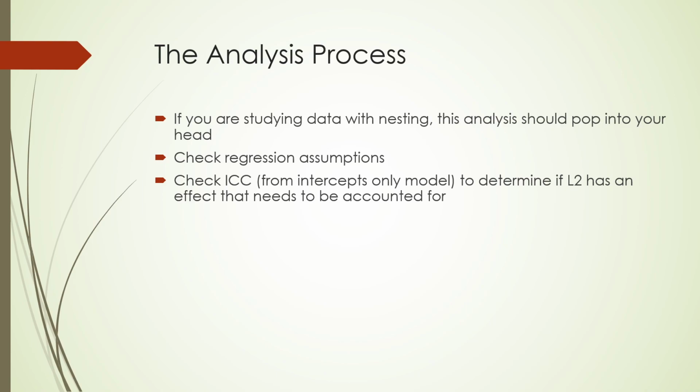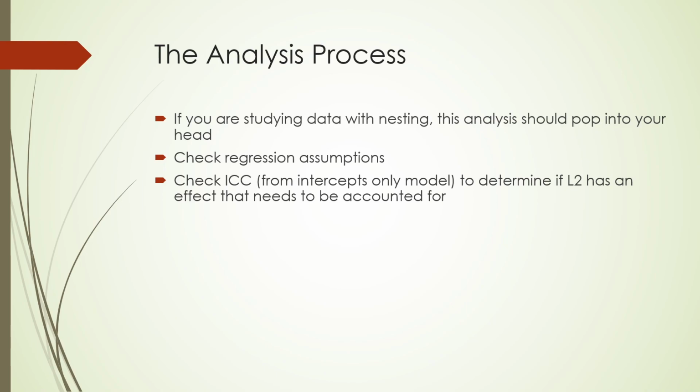I'll work on the intraclass correlation coefficient to see, does level 2 contribute anything? And if it includes a meaningful amount, I can check the statistical significance. I can check the practical significance with the intraclass correlation. And if it does contribute a lot, then I'm going to include it for sure.